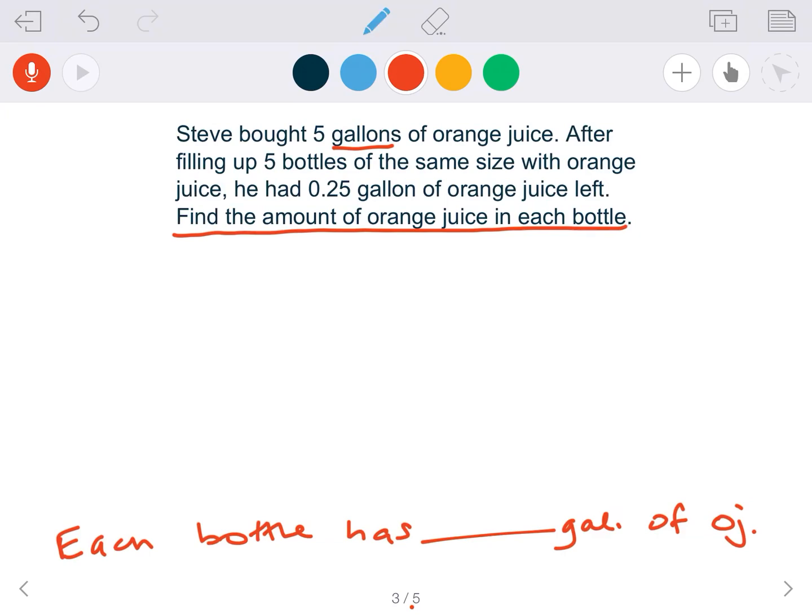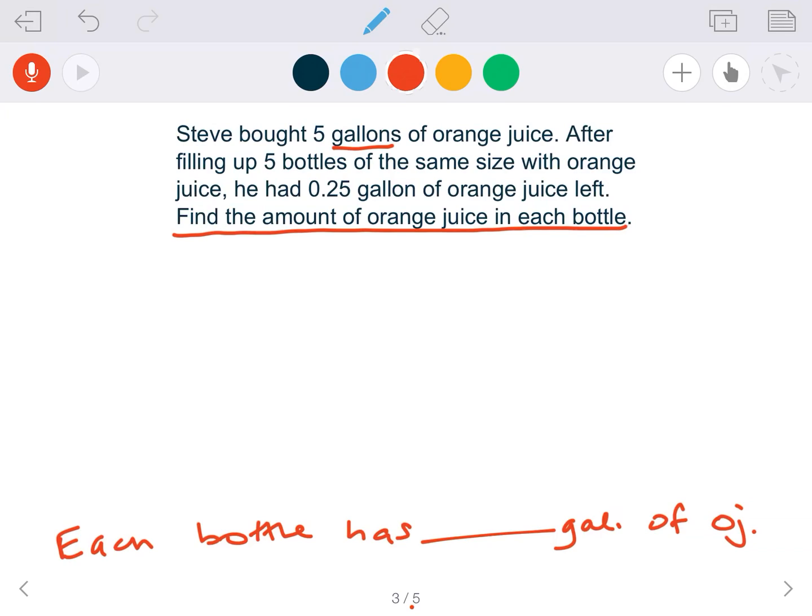All right, next step. We need to say what is going on in this problem. What do we know? Well, we know there's a guy named Steve. We know Steve is dumping 5 gallons of orange juice into smaller bottles. 5 gallons is a lot. When you buy milk at the store, your family probably buys a gallon of milk.